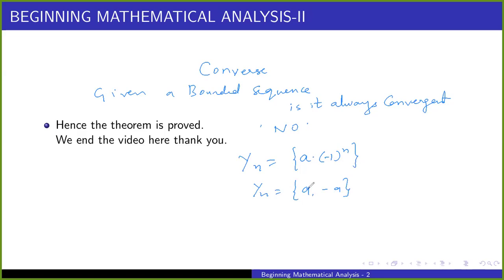I should have remarked that any finite set is always bounded. So this is a bounded set, because it has just two elements. But it oscillates, so it's not convergent.